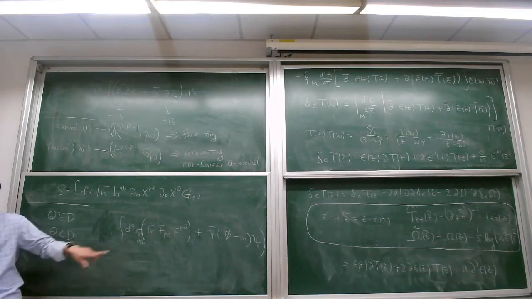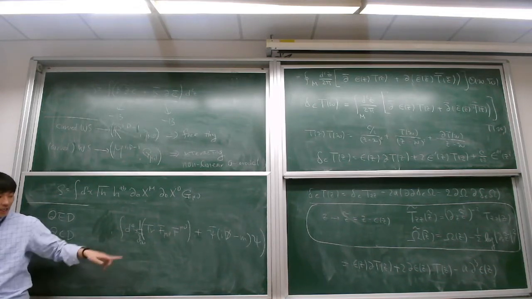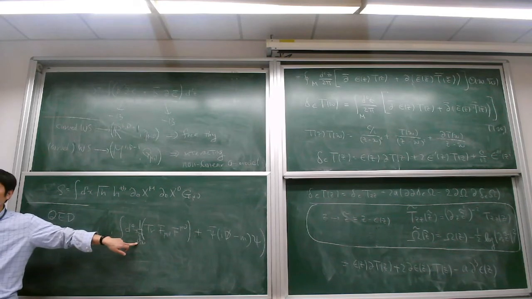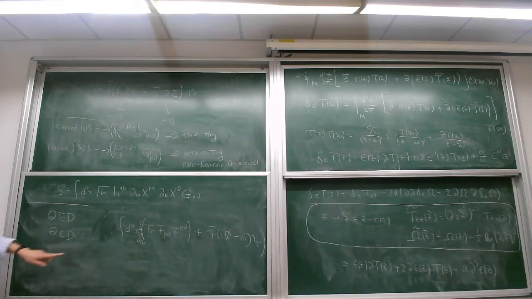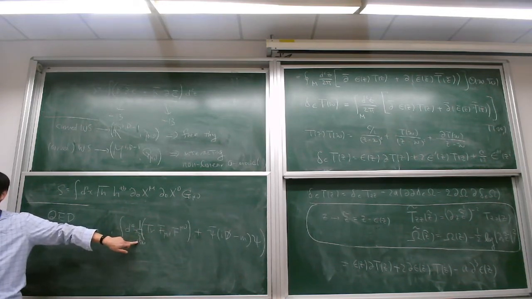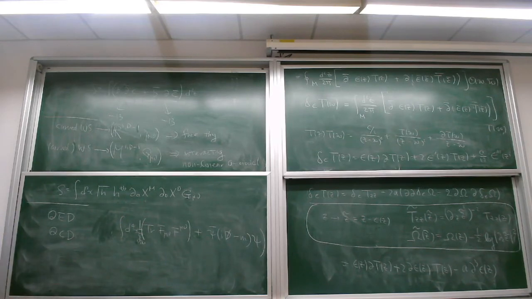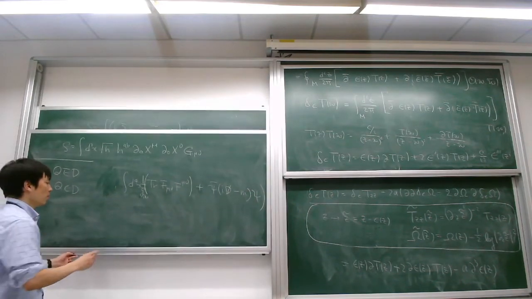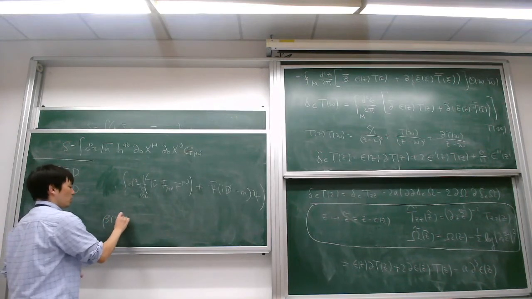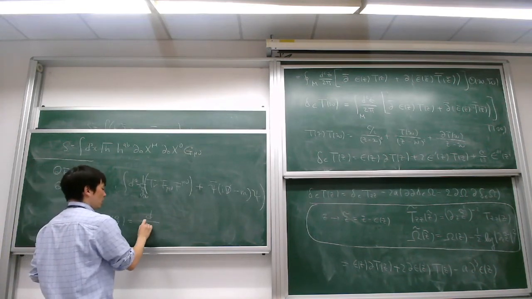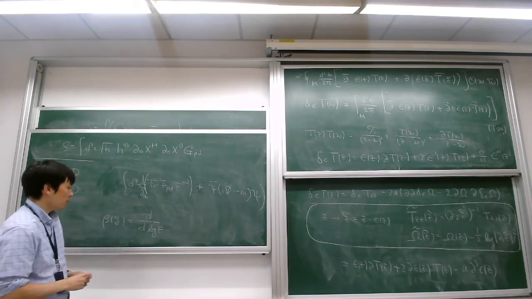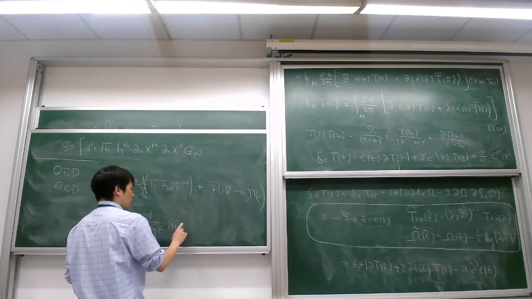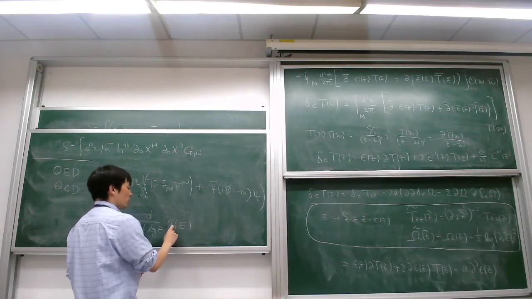And then here, classically this g is dimensionless. But at the quantum level, as you change the scale of energy, this coupling constant, the Yang-Mills coupling constant, changes. That is captured by the beta function of g, which is d g Yang-Mills over d log E. g Yang-Mills depends on the energy scale.